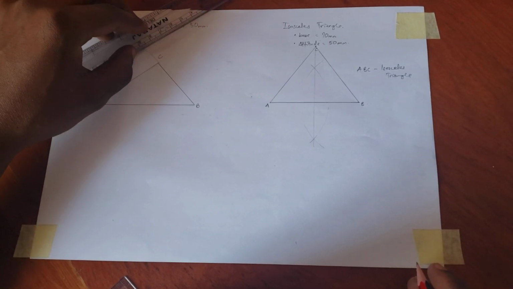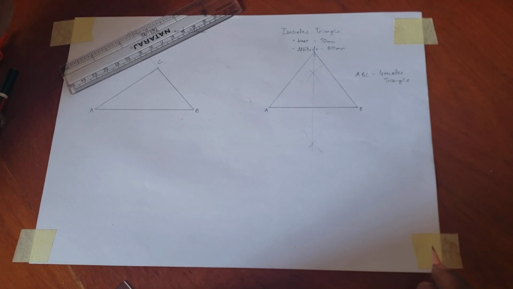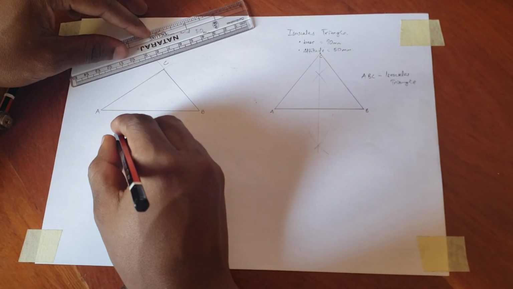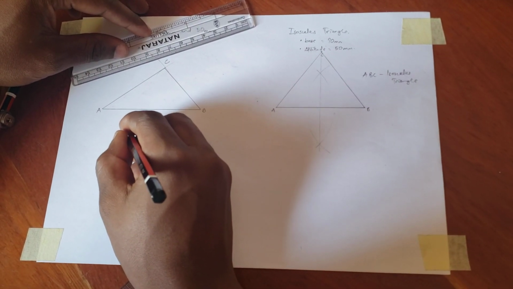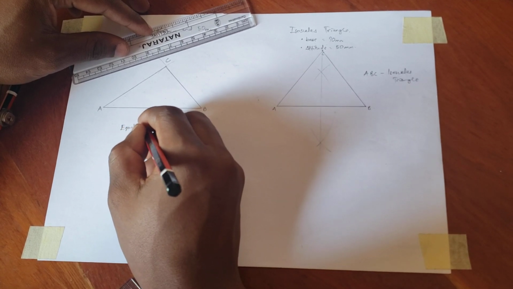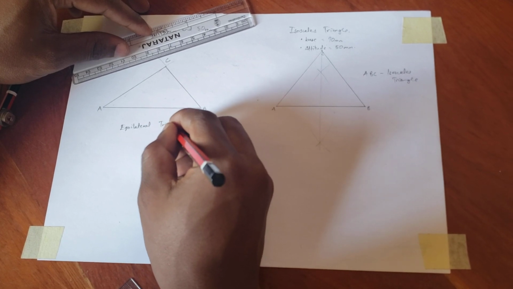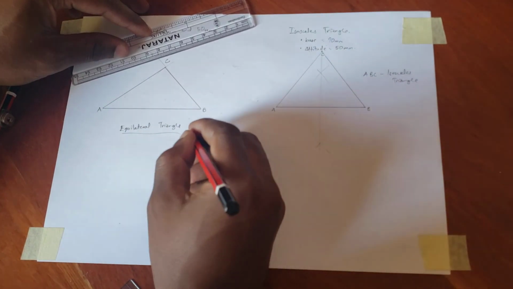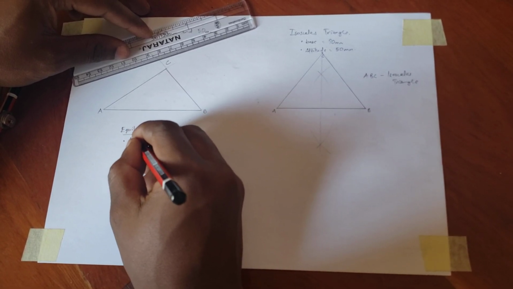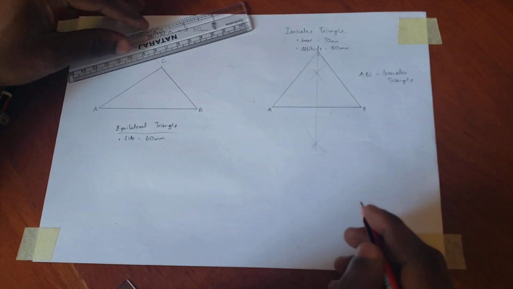Okay. Now also we may construct an equilateral triangle given the sides. Now let's assume we have been given the side which is equal to 60 millimeters.